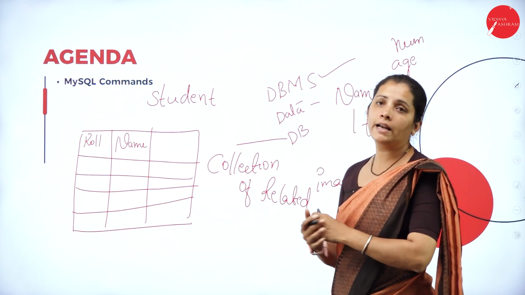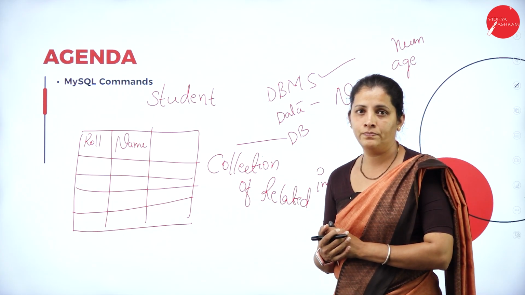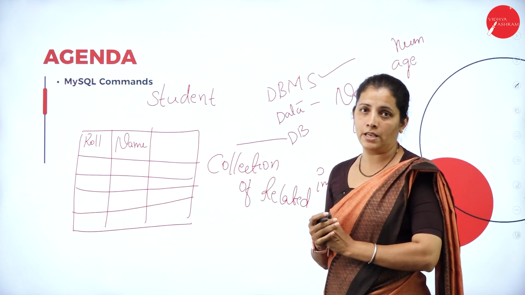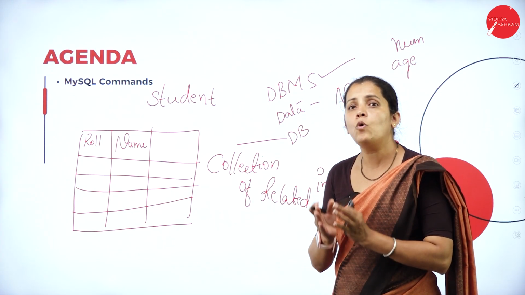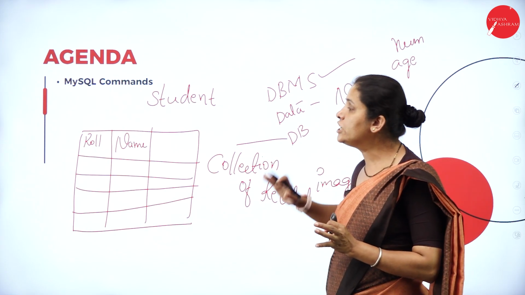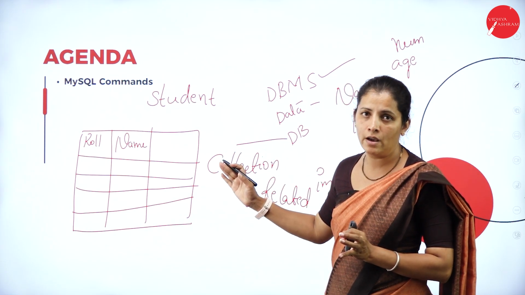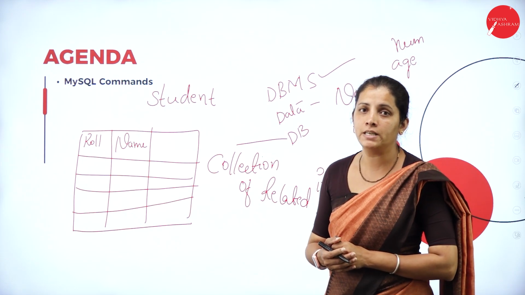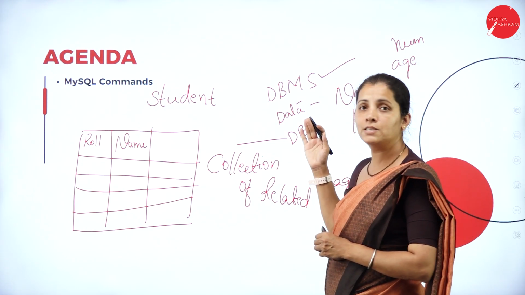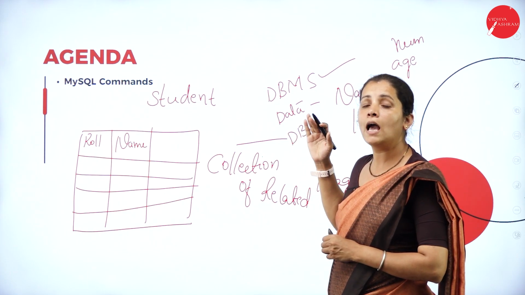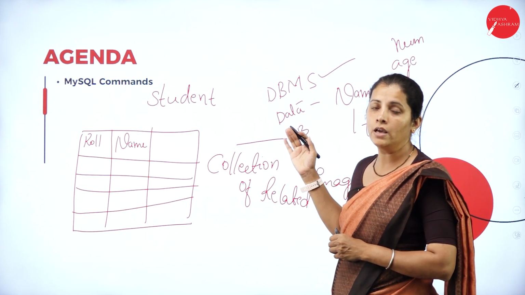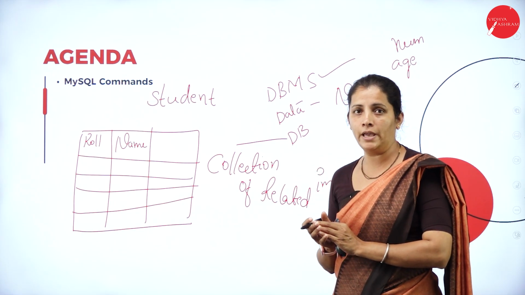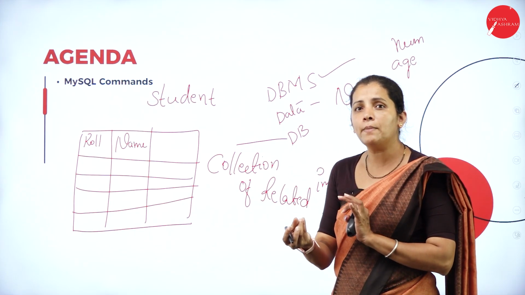Then what about database management system? I have the data, I have the database. Now I want software to manage my database effectively. For that, I'm going to have the database management system. It's an application software used to manage and manipulate database. What is manage and manipulate?